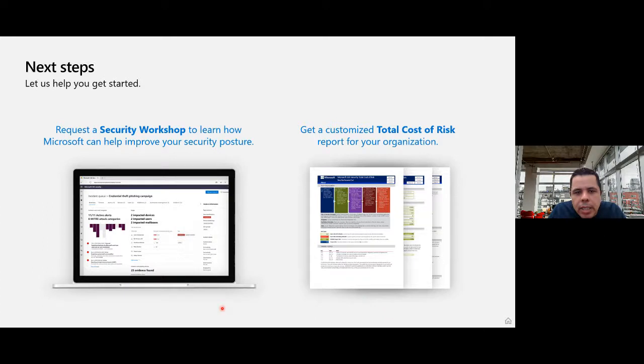There's also a total cost of risk report that we can help you compile as part of this security workshop that will help you to see where you might be able to realize benefits and cost savings by adopting this consolidated approach across your enterprise with Microsoft 365 security.